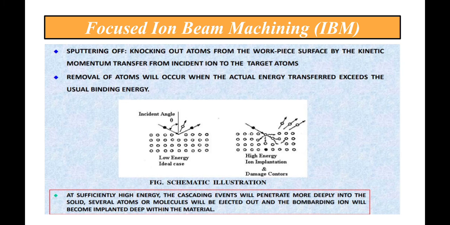At sufficiently high energy, the cascade events will penetrate more deeply into the solid. As you can see over here, several atoms will be implanted deep within the material. This situation you really do not want.